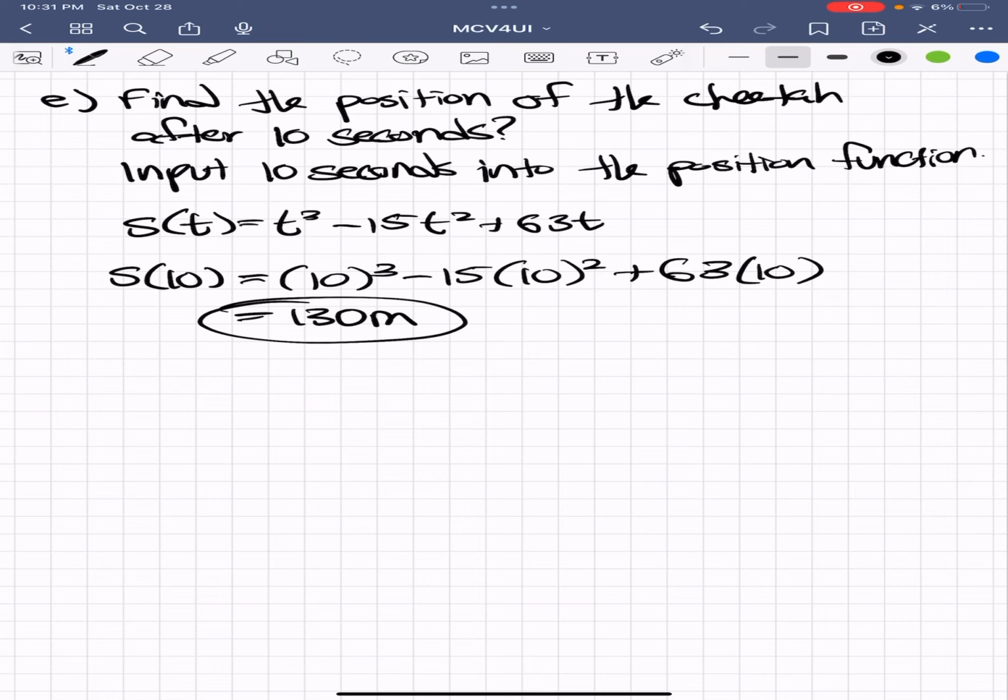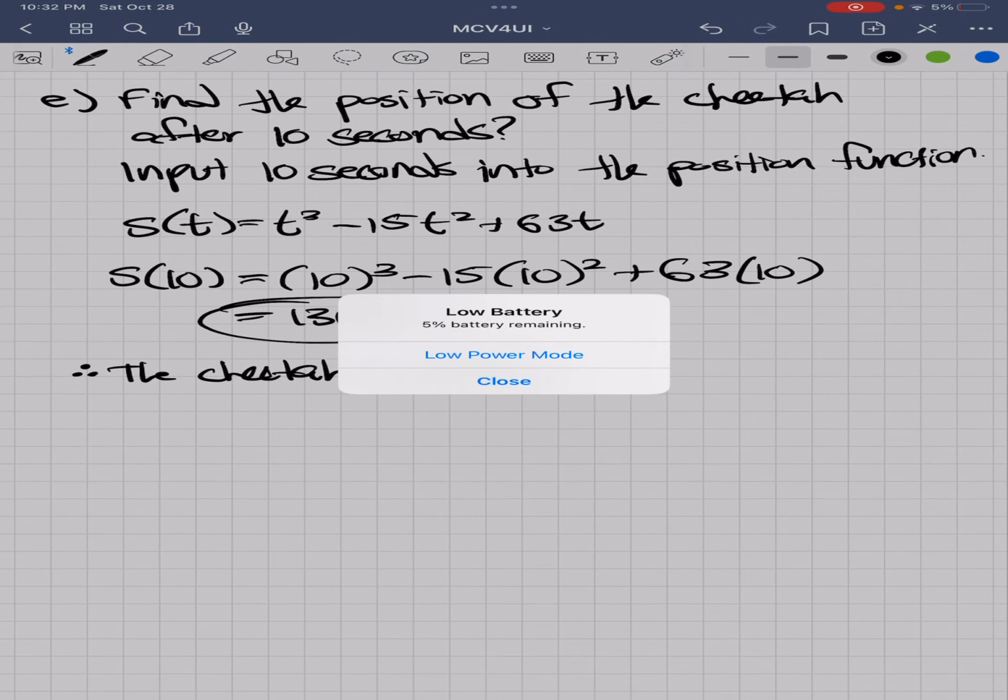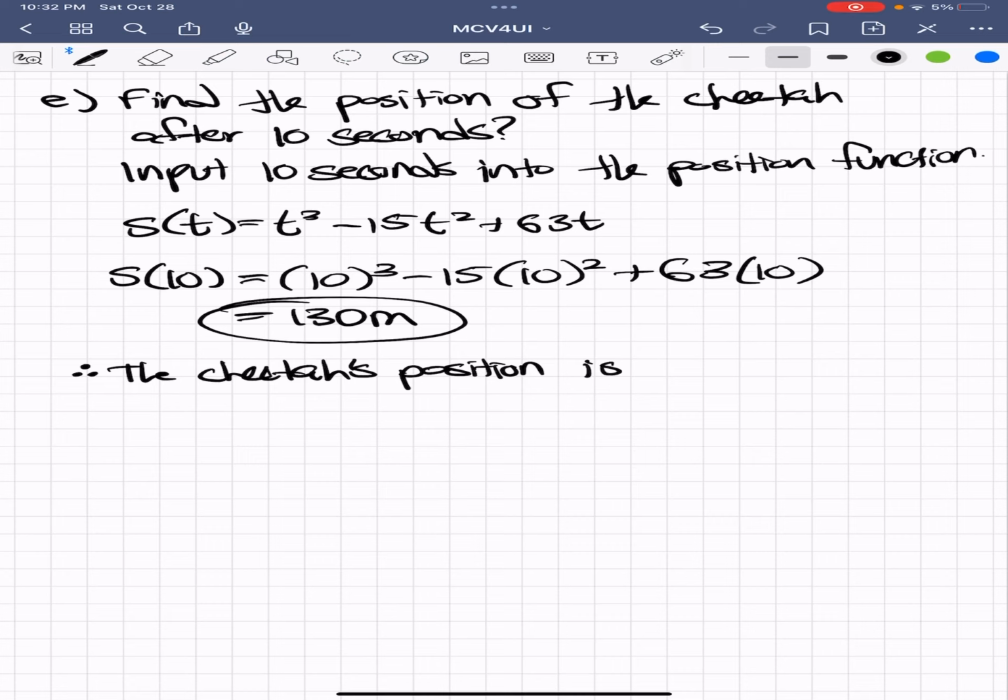So we'll do another diagram, and we'll do a therefore statement. The cheetah's position is 130 meters at 10 seconds.